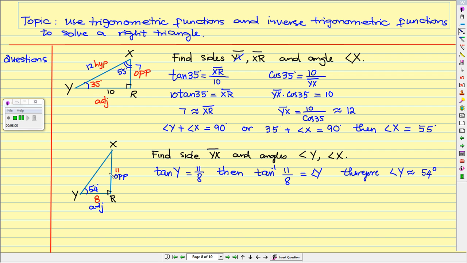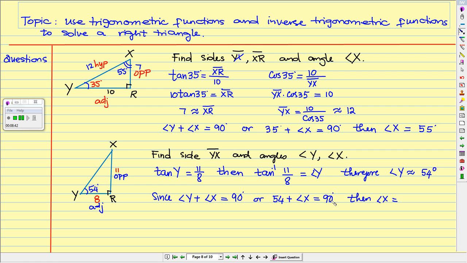Then we can find the angle X very easily. Since the angle Y plus the angle X is 90 degrees, or the angle Y is 54 plus the angle X is 90 degrees, then the angle X is 90 minus 54.